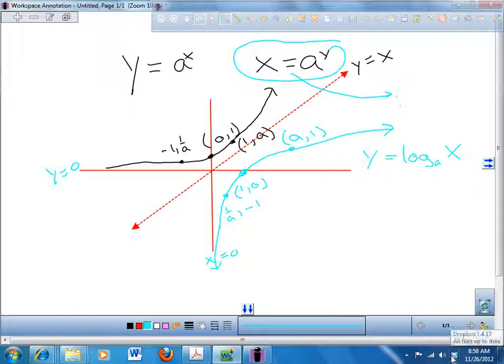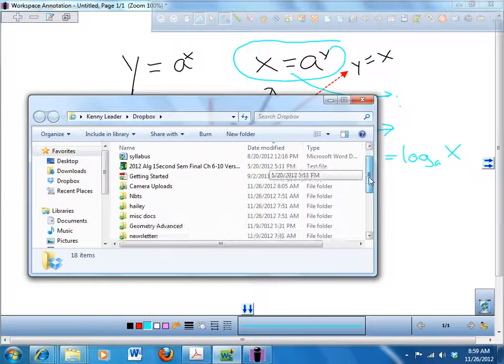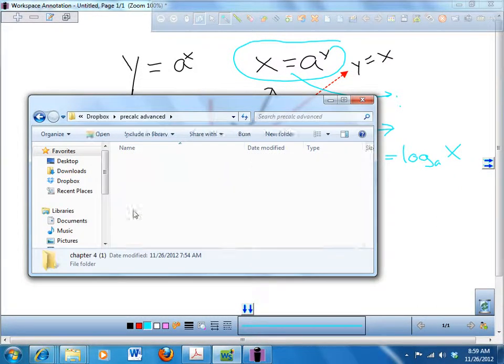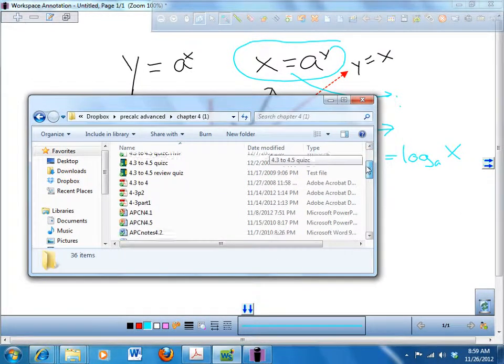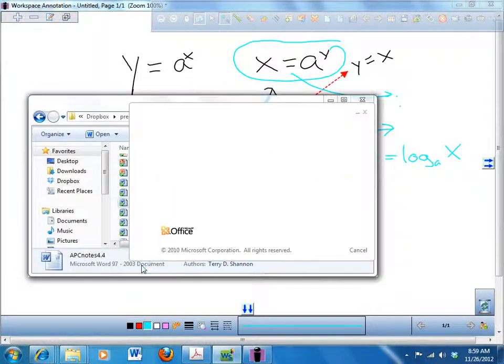Why is it not working? Oh, I could just go right here to my Dropbox and open up chapter 4. This is the 4-4 notes, right?